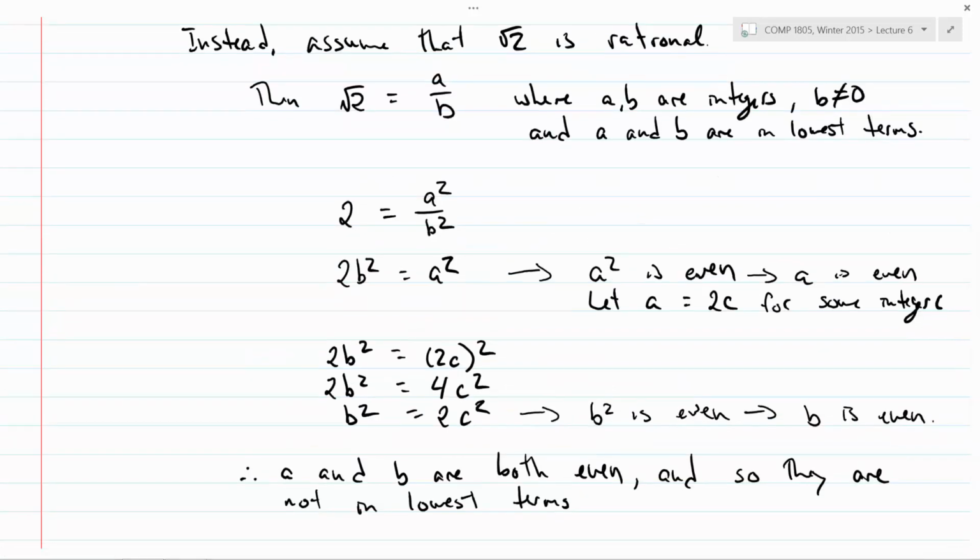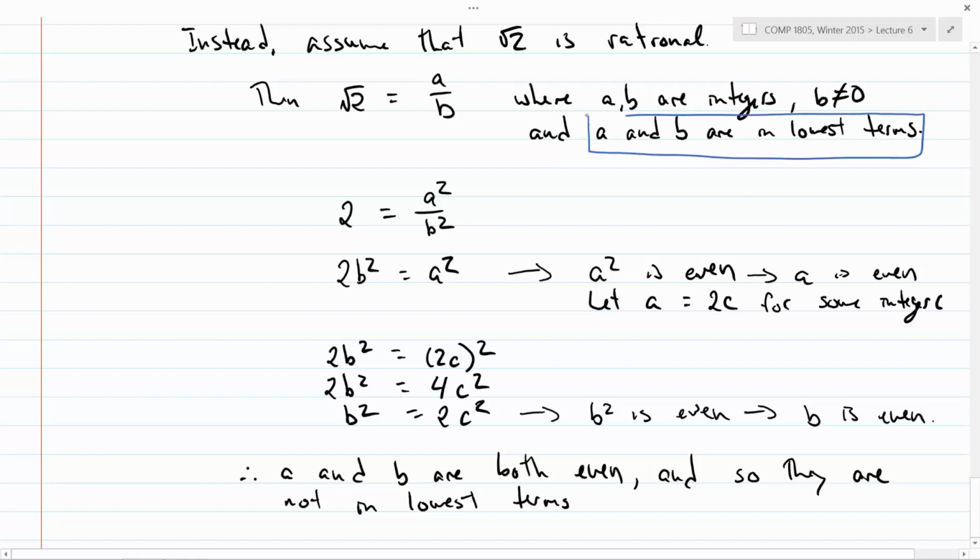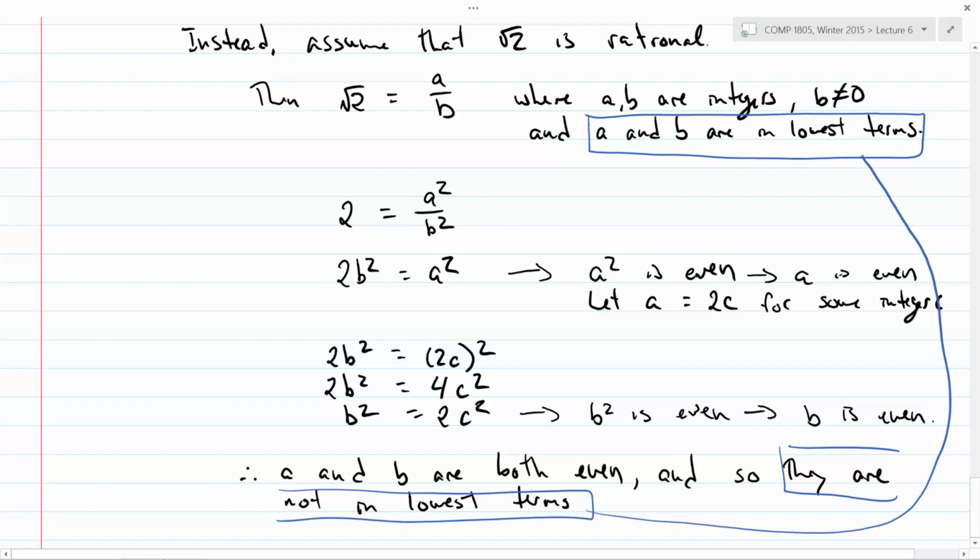All right, so to highlight that, I have a and b are in lowest terms. They are not in lowest terms. This is a contradiction.